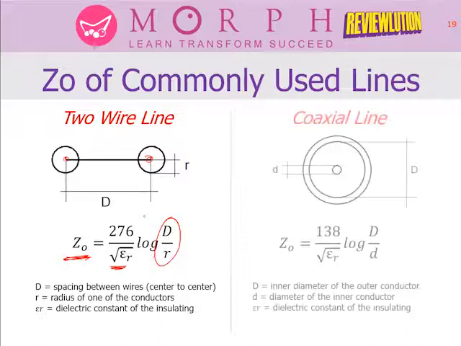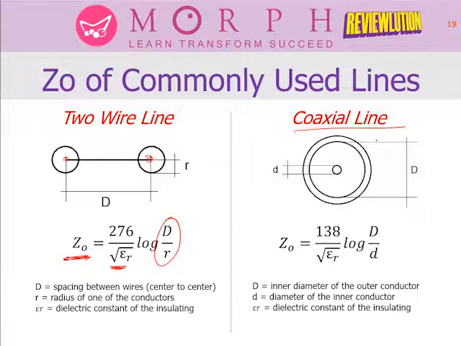So let's try to look at the coaxial. So for coaxial lines naman, it's inside diameter of the outer conductor divided by the diameter of the inner conductor, log times 138 over square root of relative permittivity ng dielectric material mo. And again, wala na namang iba pang nakaka-apekto niyan kundi yung dimensions lang din natin.